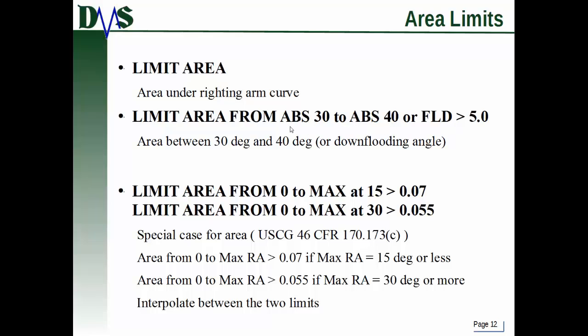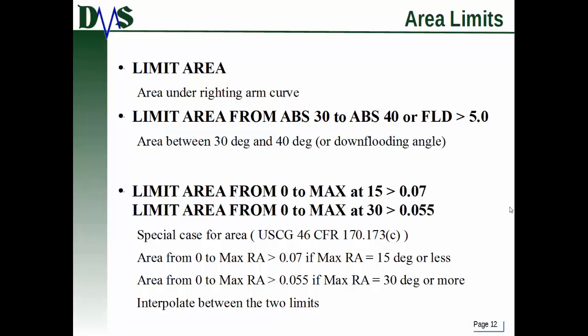Notice these angle specifications and keywords here, they still work the same more or less. Only now we're measuring area and we're specifying the points here. So the area between 30 degrees absolute and 40 degrees absolute, or the downflooding angle, whichever comes first. So that's what GHS is calculating there.